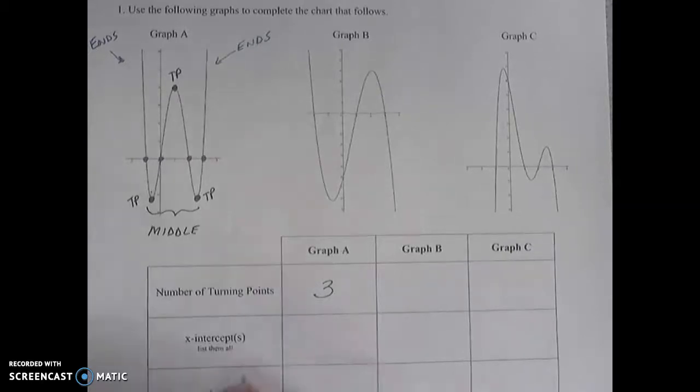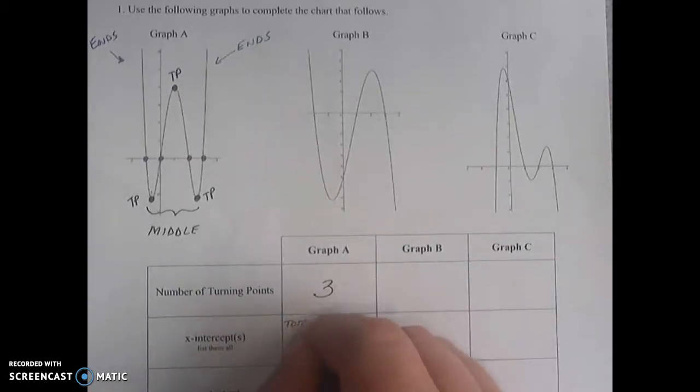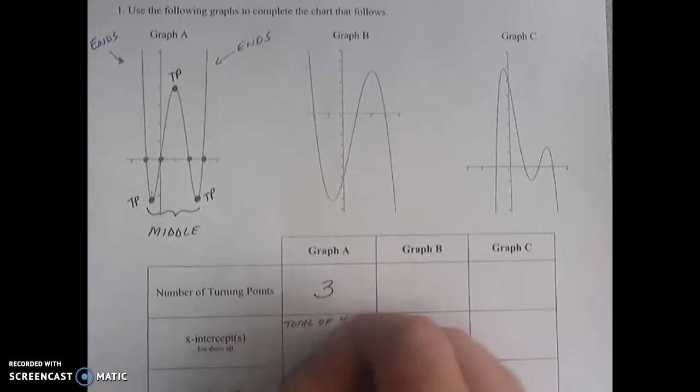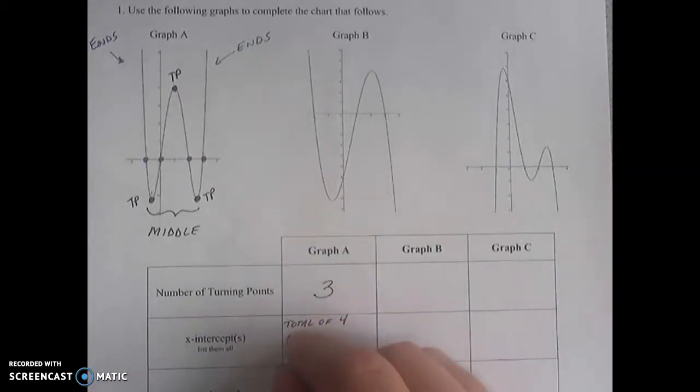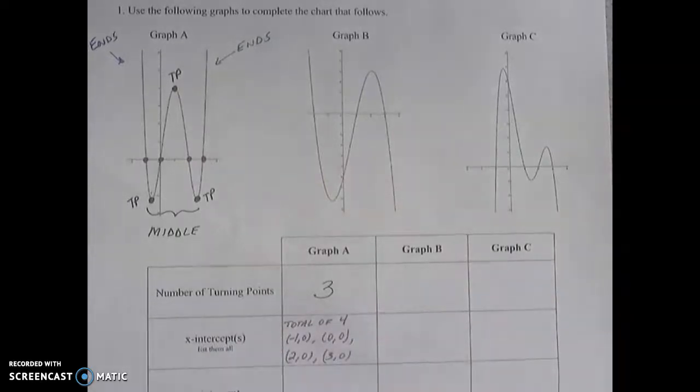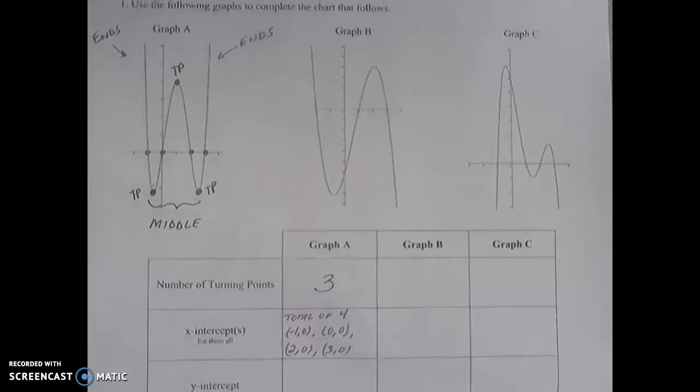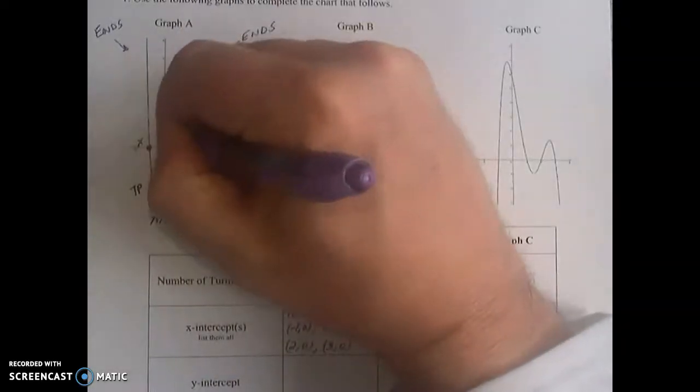So there are a total of 4. And the x-intercepts happen to be at (-1, 0), (0, 0), (2, 0), and (3, 0). Okay. These are things we've been doing for a lot of units now, and we should be pretty much experts at picking out our x-intercepts and at least listing them. Okay, so these are x-intercepts.